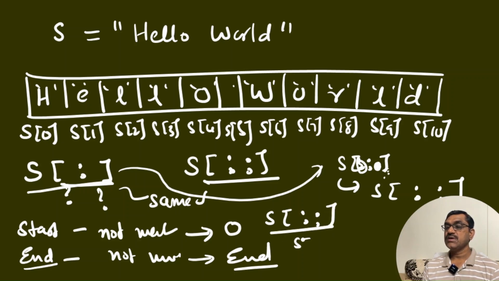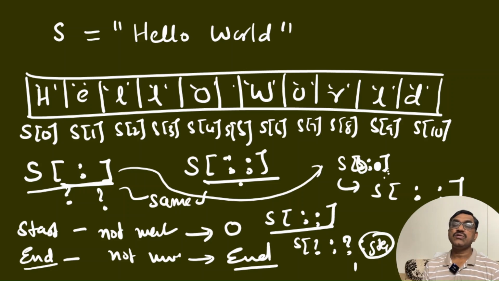We are not mentioning the start index, colon, we are not mentioning the end index, colon, here we are going to mention the step value, but this is by default 1. No need to mention this. So S of single colon and S of double colon, both are going to give the same string, the entire string. We are going to get hello world. This is very, very important.